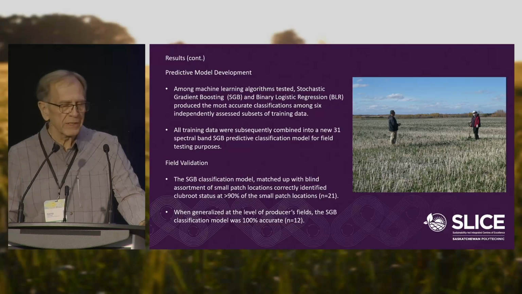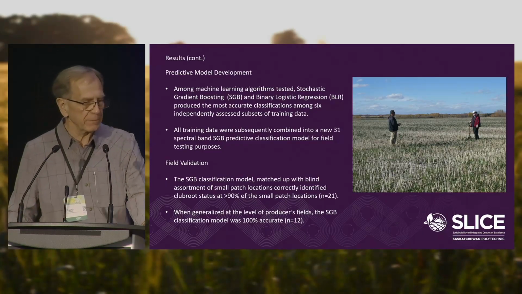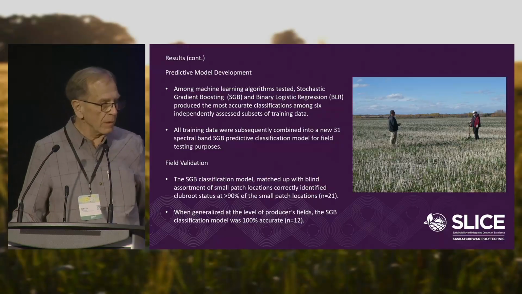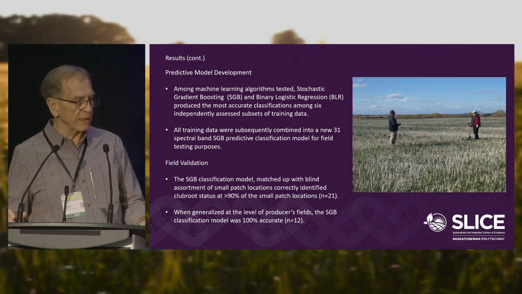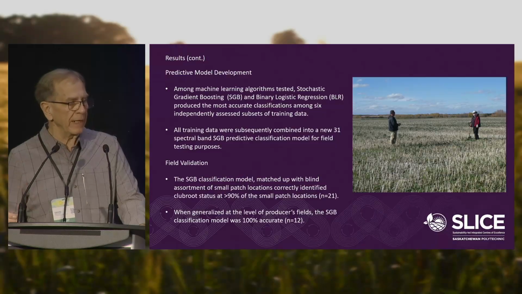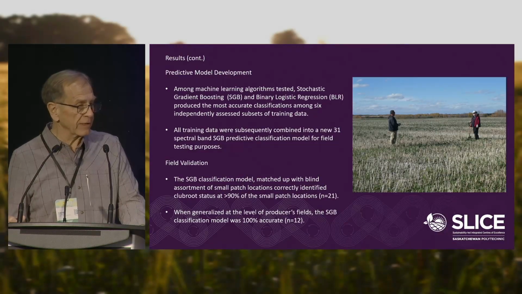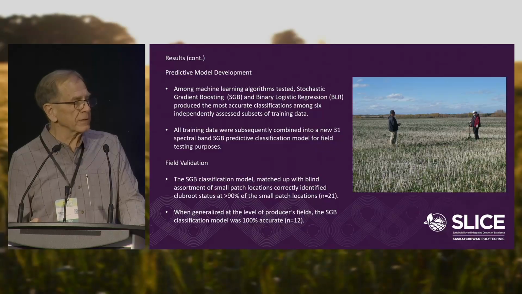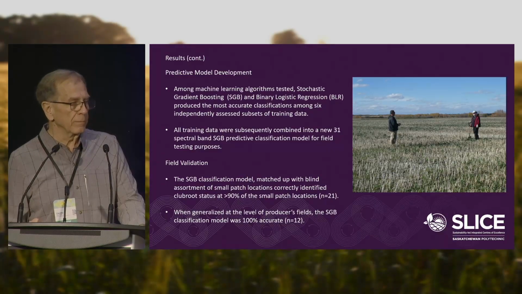So 96% is good, but you kind of expect it to be a pretty good performance when you're using the training data. All that training data was subsequently combined into a new 31 spectral band predictive classification model for field testing purposes.